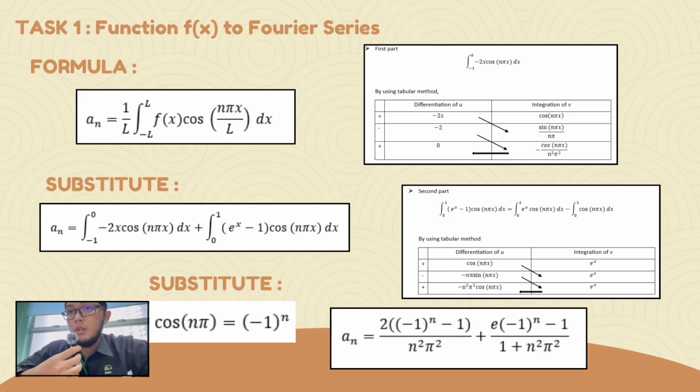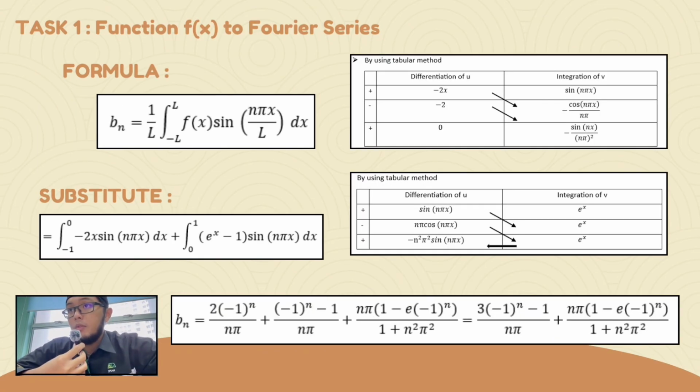So we will get this expression for an, and to solve this integral, since we have two different functions here, we need to use the tabular method. This is the tabular method here, and after we get the final answer, we can substitute cosine of n pi with negative 1 to the power of n, where n is a natural number. Since cosine is a repeating function, we can substitute this to make it simpler. So we will get this expression of an.